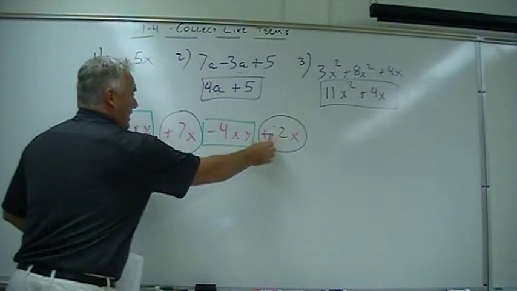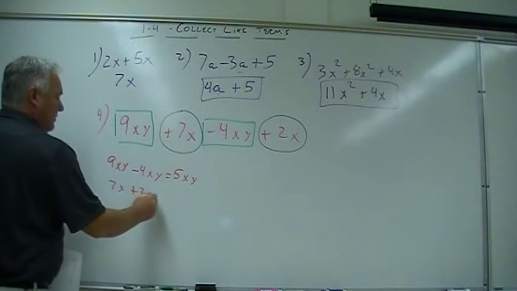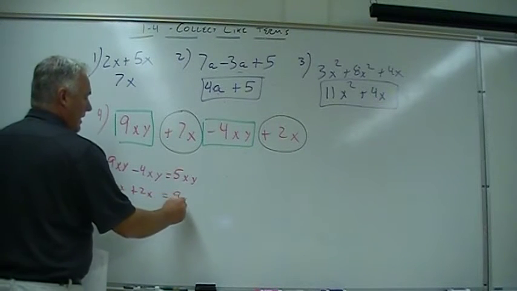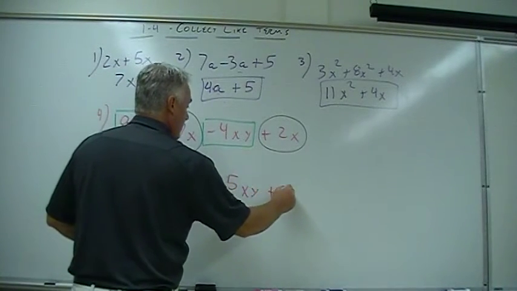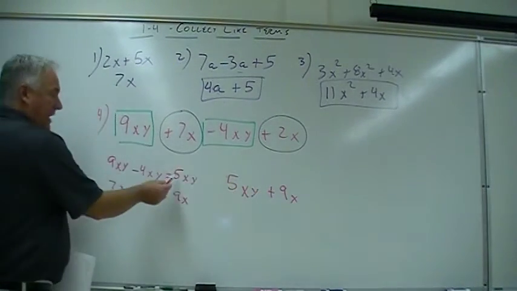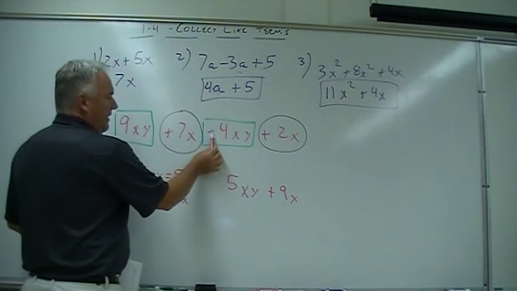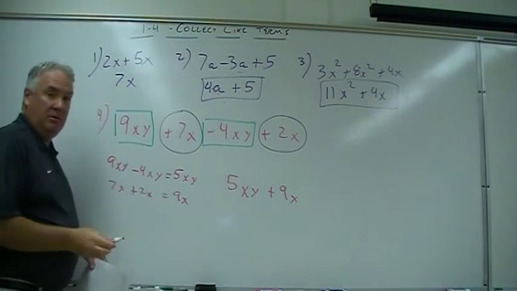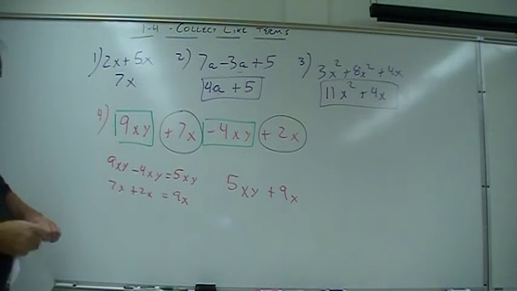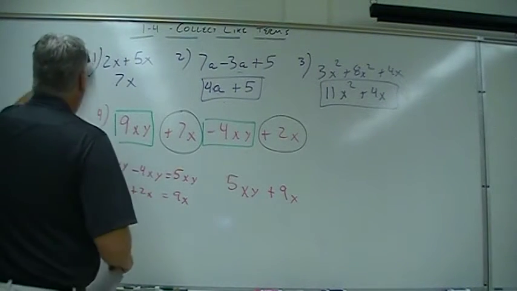Now let's deal with the x's. 7x plus 2x equals 9x. So our answer will be what we have here. Really important, I can't stress enough, that the sign attaches itself with what goes on right next to it. Okay? So that gets us through the first four.